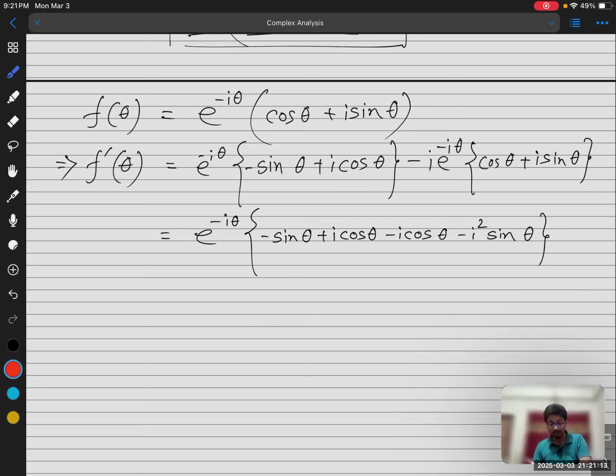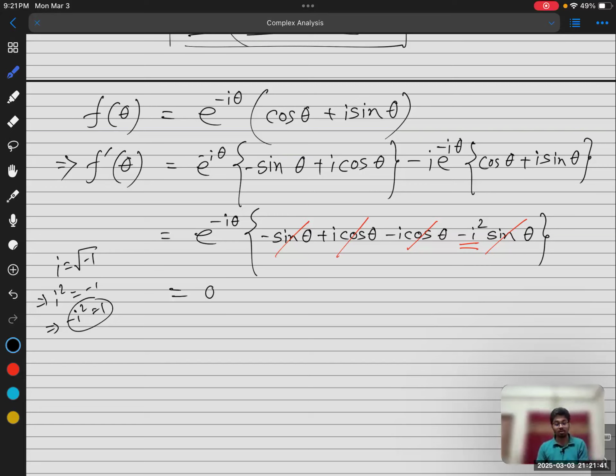Eventually this will cancel out, and obviously -i² is going to be plus 1, just because i is equal to root over minus 1, so i² is equal to minus 1. So -i² is equal to plus 1. So these two will obviously cancel out. Every term is cancelling out, so we are getting 0 from here.